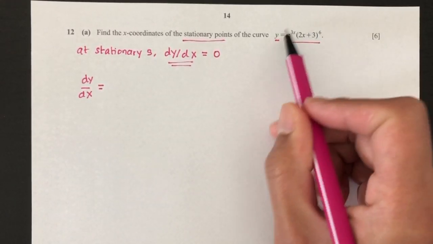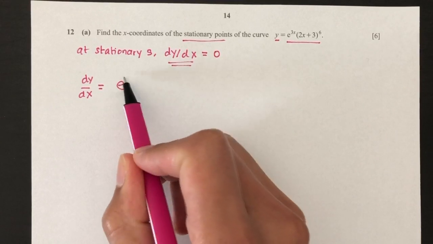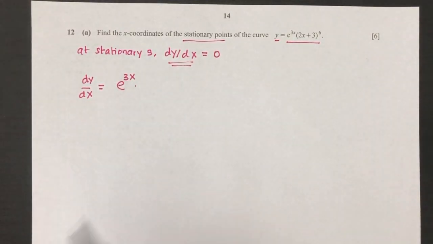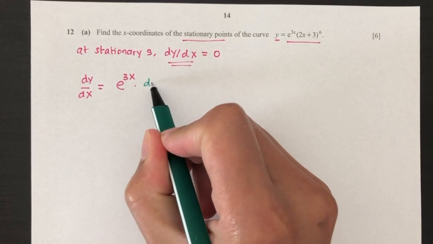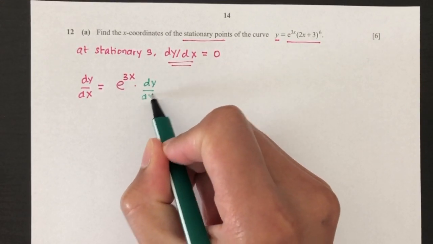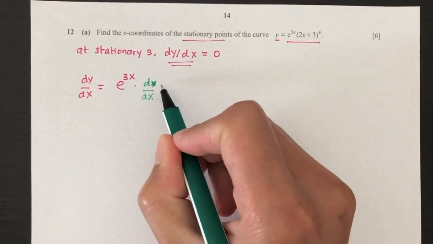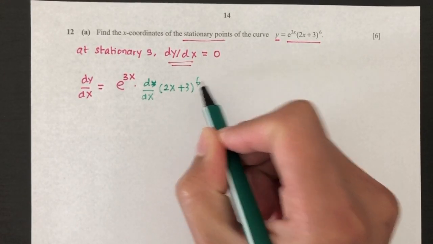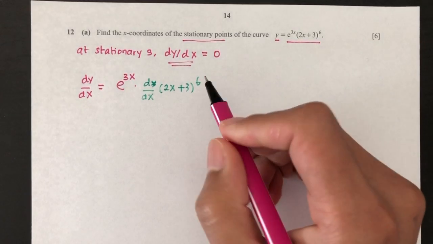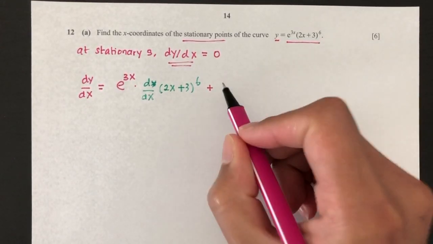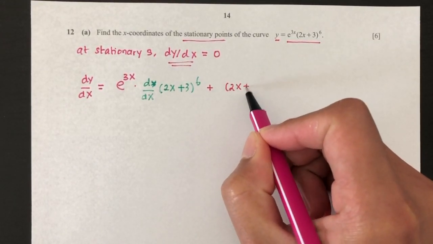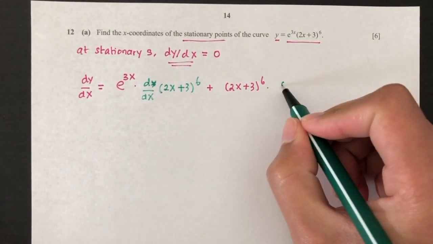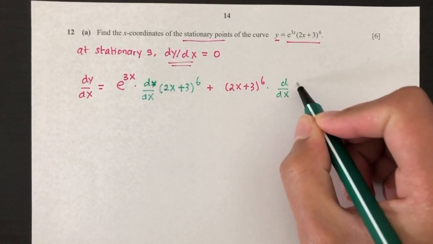We have to use the product rule here. So the first one remain the same. Then we have to differentiate the other one, d by dx of this one, (2x plus 3) power 6. Then you have to plus, and then the second one remain the same, and then we have to multiply by d by dx of the first one.